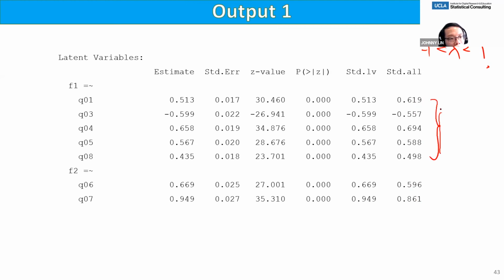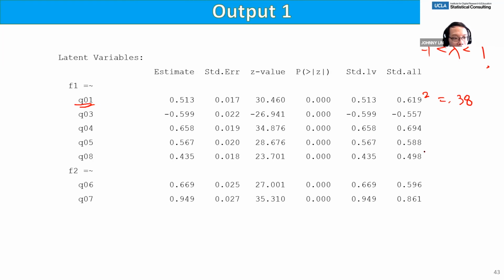Well, if you look at the variance explained by that factor, you square it. Okay, I didn't talk about that in the seminar, but I do talk about it in the EFA one. So 0.19619 squared is 0.38. That means 38% of the variance in statistics makes me cry is explained by SPSS anxiety.